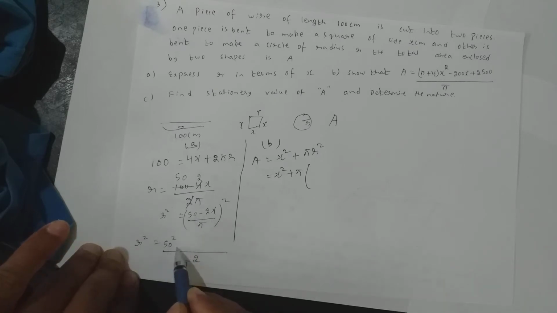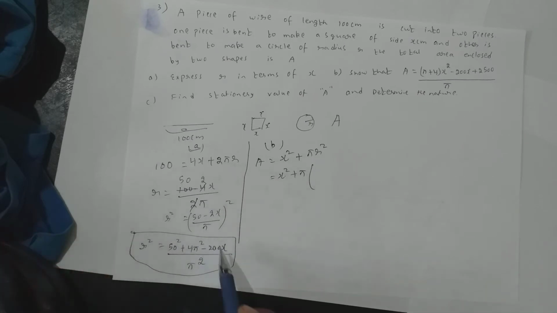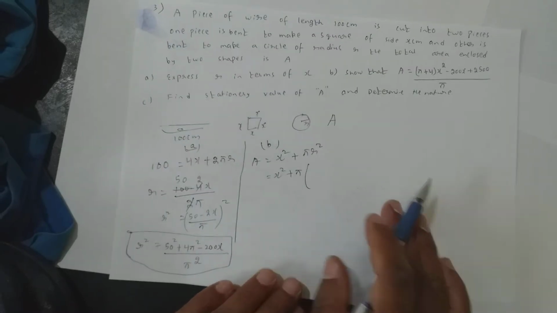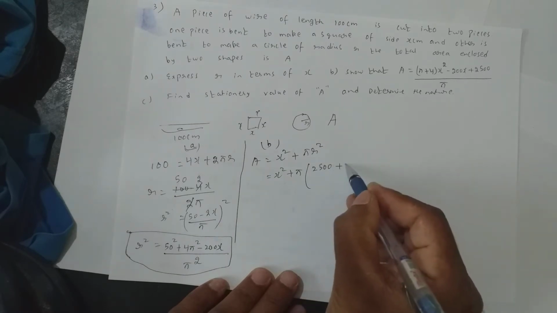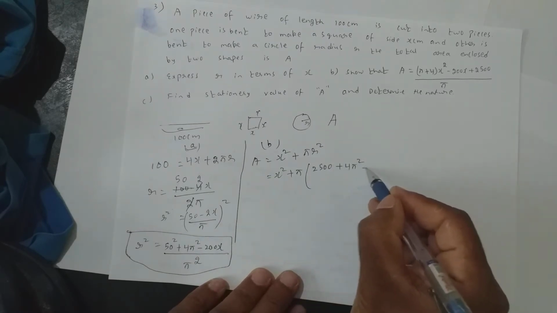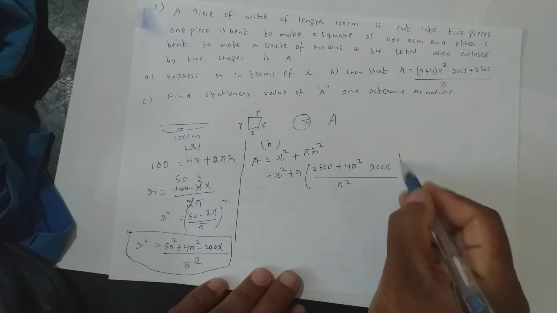So it is 50 square plus 4x square minus 2 into 2, 4 into 50, which is 200x. This is r square. Now replace it over here. How much is 50 square? 2500 plus 4x square minus 200x, by pi square.